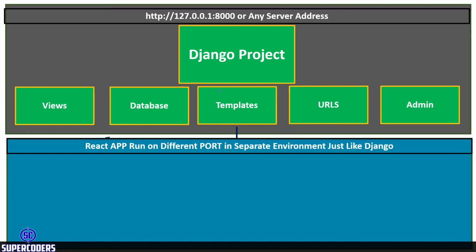One is the Django project and the second is the React project. All our database storage, functions, records, data read, write, all processes and logic we do on the server side in the Django project, and React only accesses the data and works on the client side and represents the data to the user. That's why we need a React app.